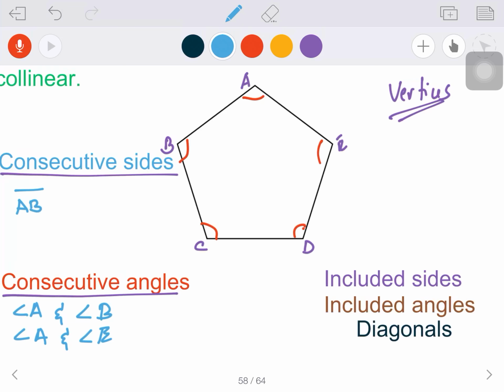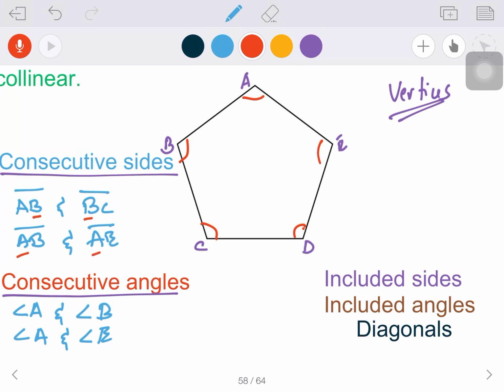You're right. You have side BC. You could also say that side AB is consecutive with side AE. Now notice that if they're consecutive sides, there's a common endpoint that you can find on the two sides.